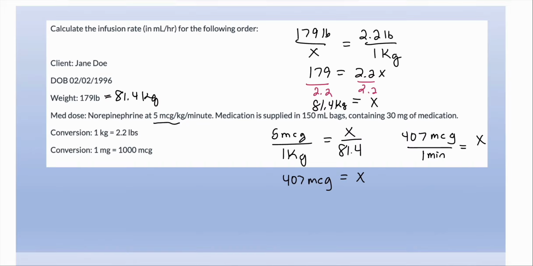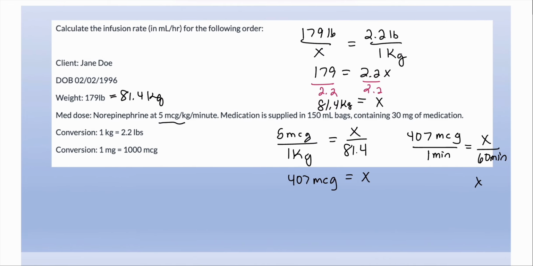So how many micrograms would that be in 60 minutes? Because that's an hour. You can see we multiply. So 407 times 60 is 24,420 micrograms for an hour's time. Now, this conversion right here, we haven't used yet.